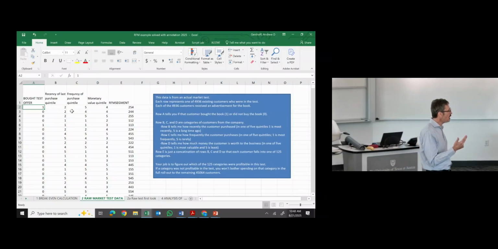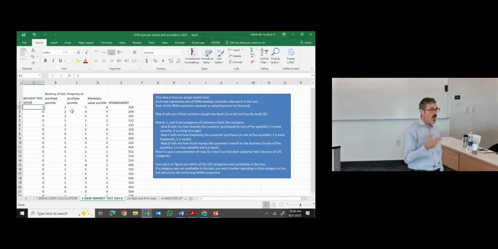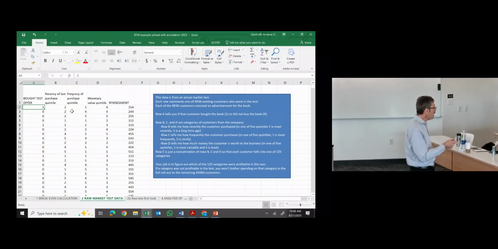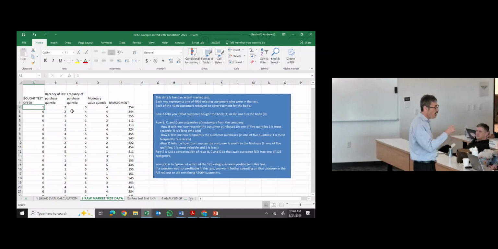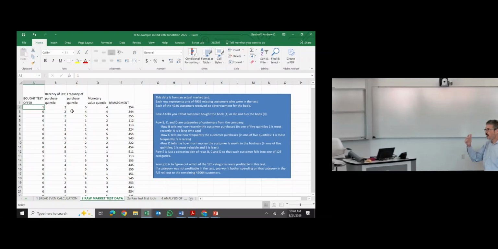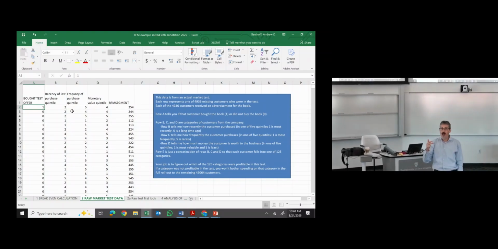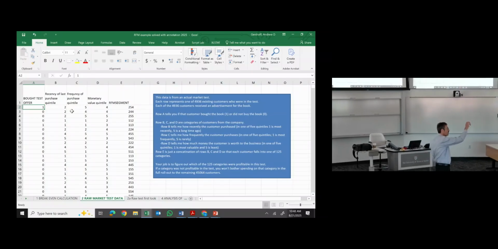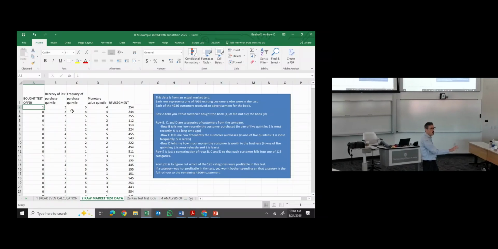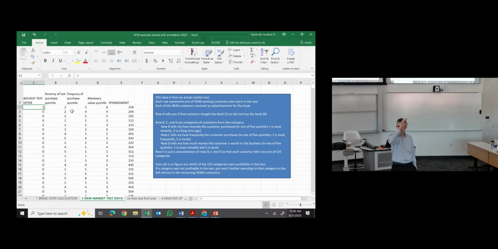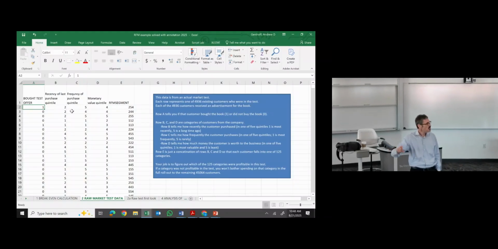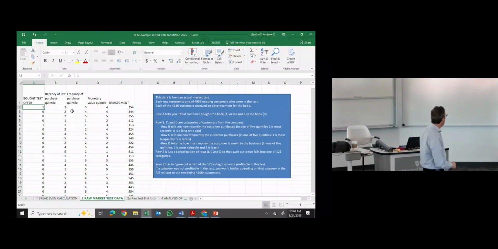And what is their monetary value? What are they worth to me? For each one of those variables, recency, frequency, and monetary value, I put them into quintiles. There are the people that buy really frequently, next most frequently, in the middle, not so much, not at all. Same thing for recency, same thing for monetary value.